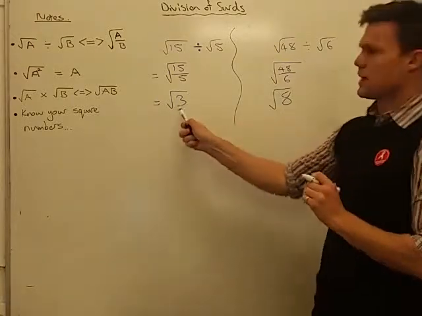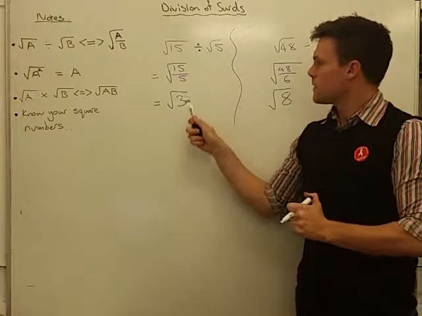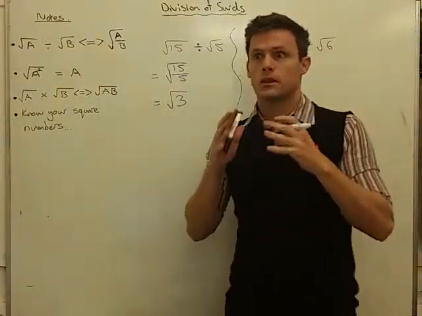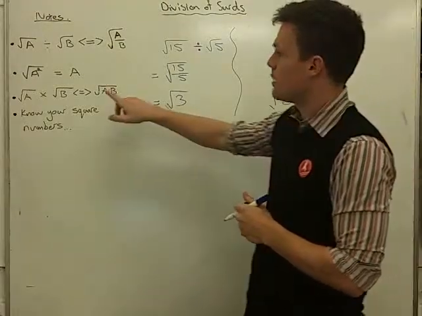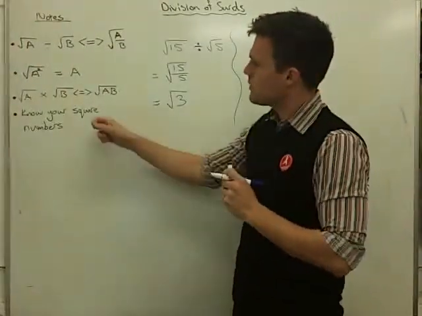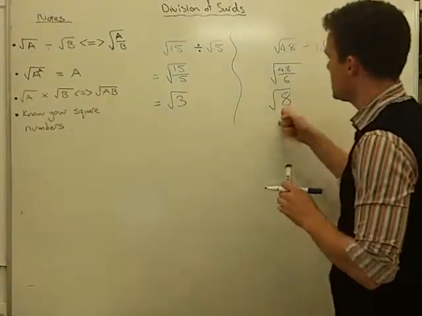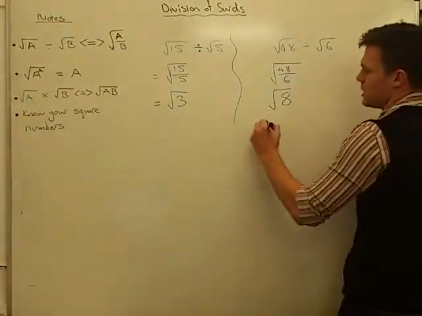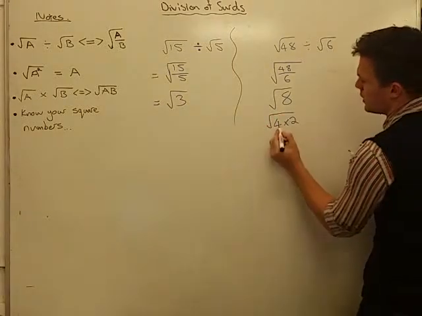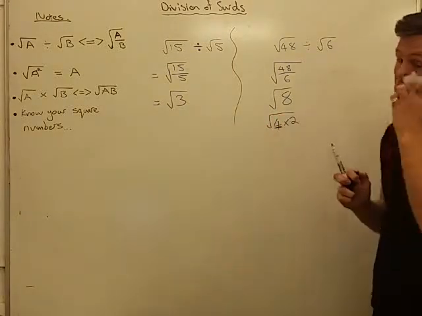Now, at this point here, I couldn't do anything with root 3. 3 is a prime number. I couldn't break it down into any of my square numbers and other numbers like I can, or like I aim to do, when I multiply the surds. So if I know my square numbers, I can see that embedded in 8 is actually 4 times 2. And I've chosen 4 specifically because it is a square number.